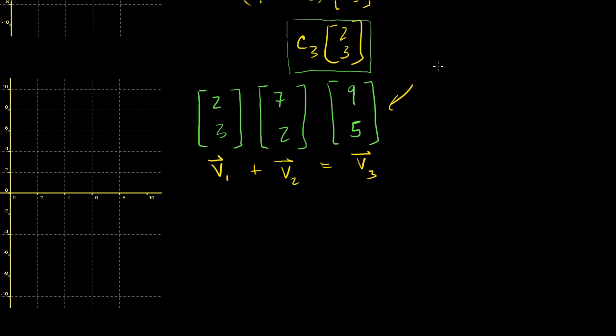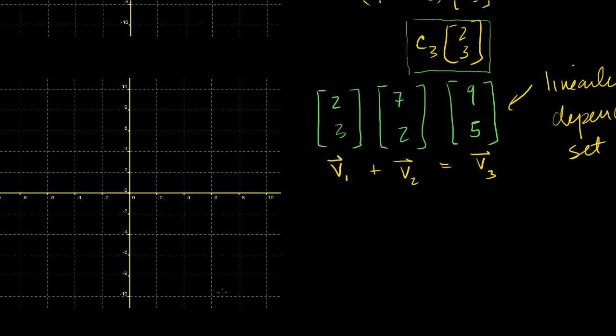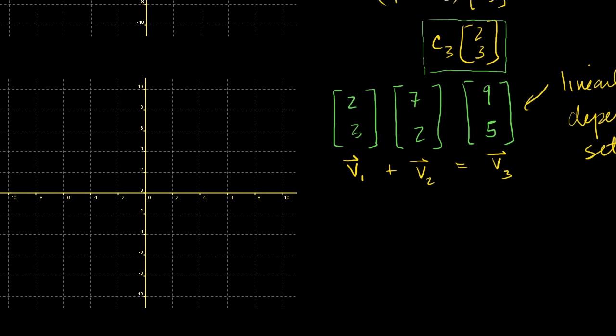So this is a linearly dependent set. And if we were to draw it in 2 space, or let me draw it in R2, there's a general idea that if you have 3 two-dimensional vectors, one of them is going to be redundant.